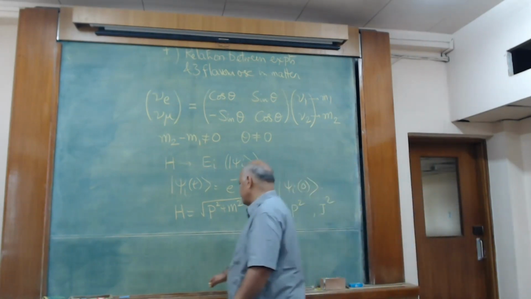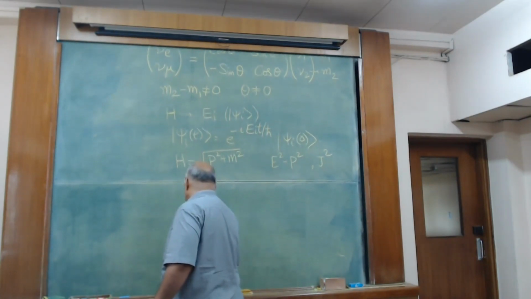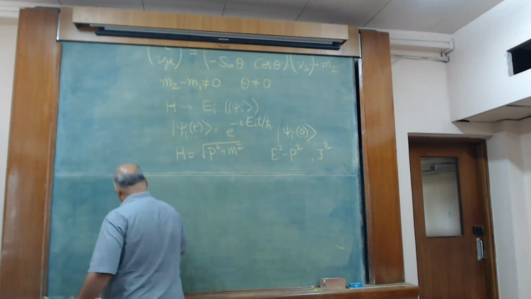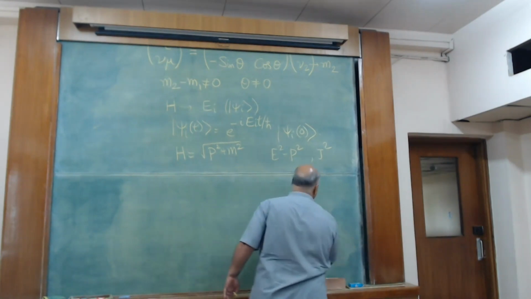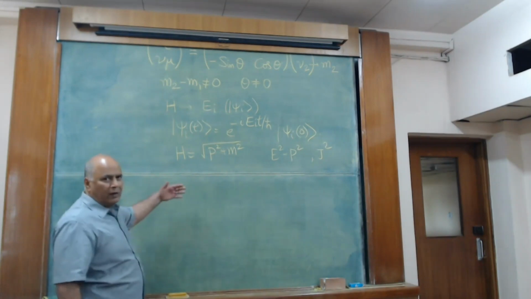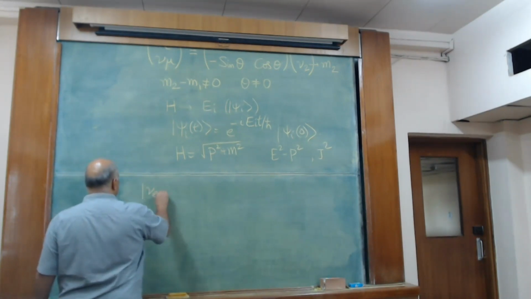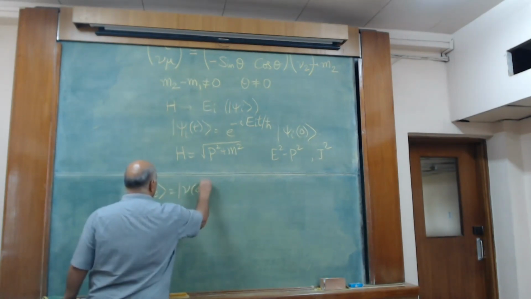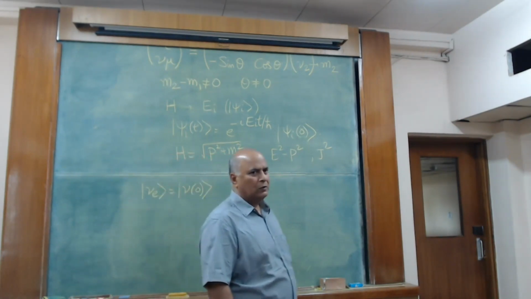Now, let us assume that a beta decay has taken place and a nu e is produced, which I call my neutrino state at time t equal to 0.